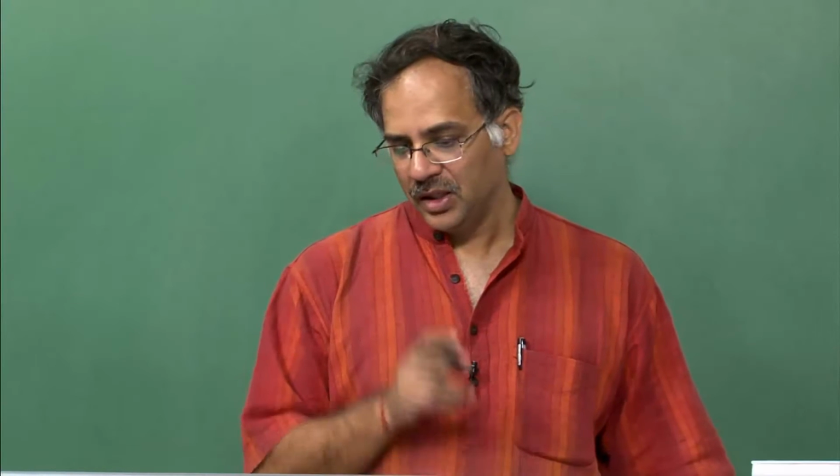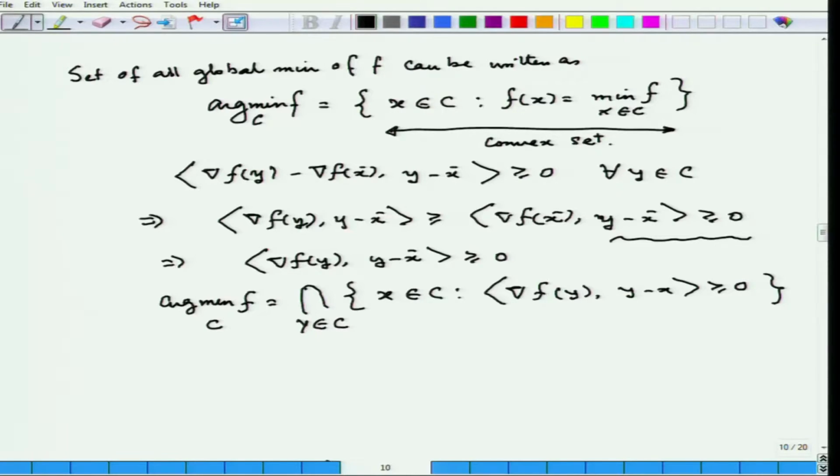So, you see, if a convex function is differentiable, I can use the gradient to represent the optimality condition. If my f, the convex function, is differentiable, I can use the gradient of f itself to represent the set of all global minimizers.